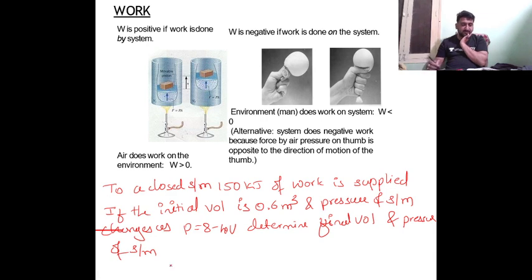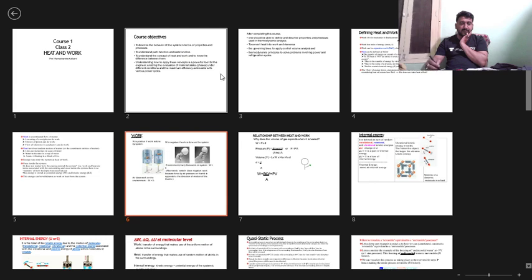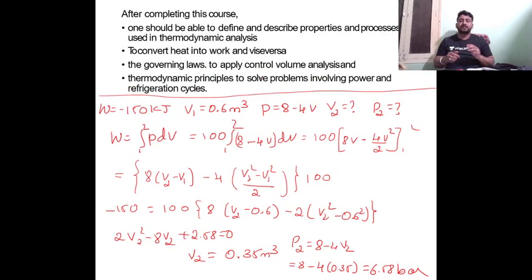This is the question which has been asked here. So for that, the solution: given W equal to minus, because work is supplied to the system. So W equal to minus 150 kilojoules, V1 equal to 0.6 meter cube, P equal to 8 minus 4V, V2 is question mark, P2 is question mark.